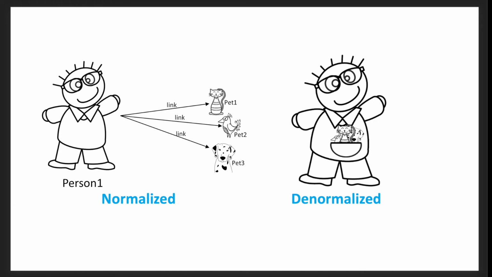So that shows how that's split out. And there's links, like we said. So you have keys to find the pets that belong to an owner. And of course, denormalized then, here's our person here with all the pets in his pocket. So they all go together. It's all in one document.